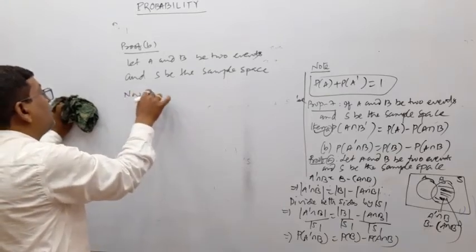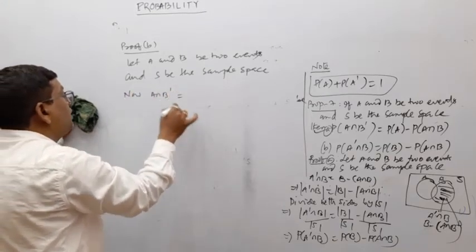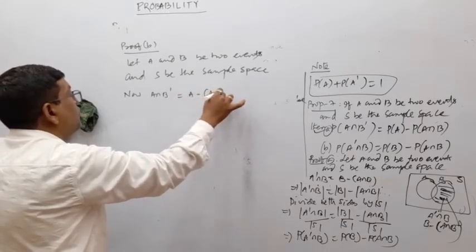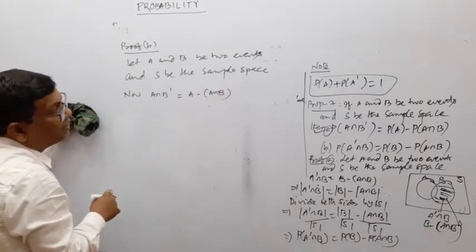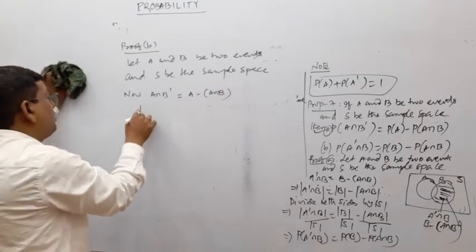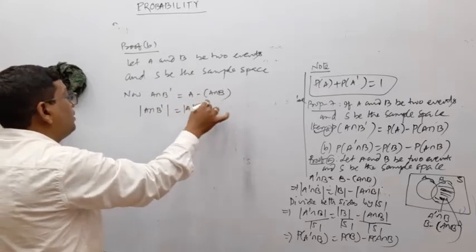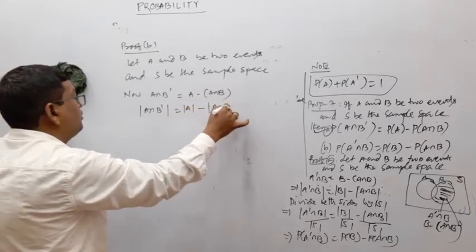Now A intersection B dash can be written as A difference A intersection B, from the concept of set theory. Now cardinality of A intersection B dash is equal to cardinality of A minus cardinality of A intersection B.